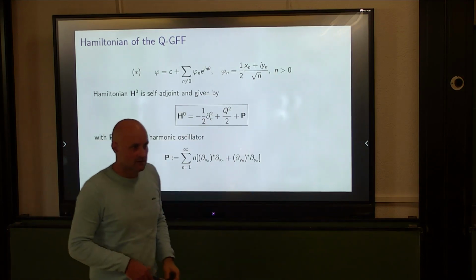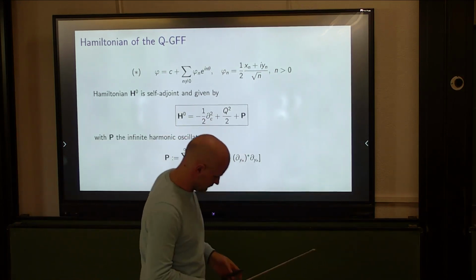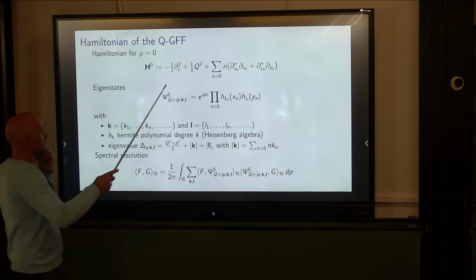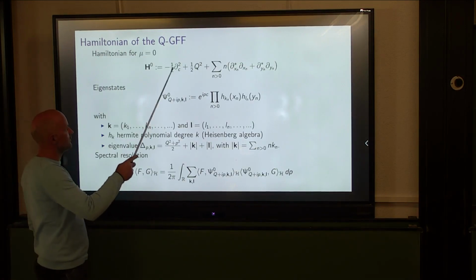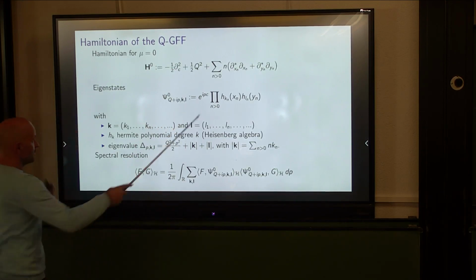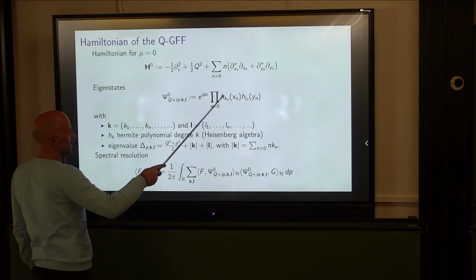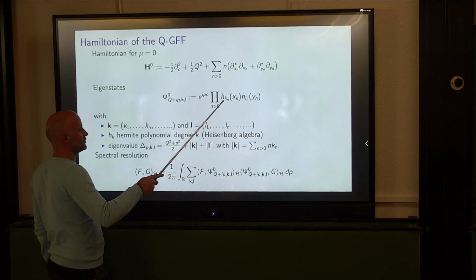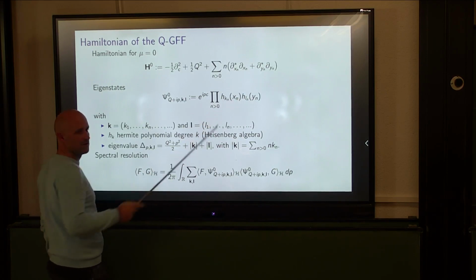So this is what you can do. For this one, of course, the eigenfunctions of the Laplacian are just these plane waves here. Then for each harmonic oscillator, you take the Hermite polynomial of degree kn in the variable xn.